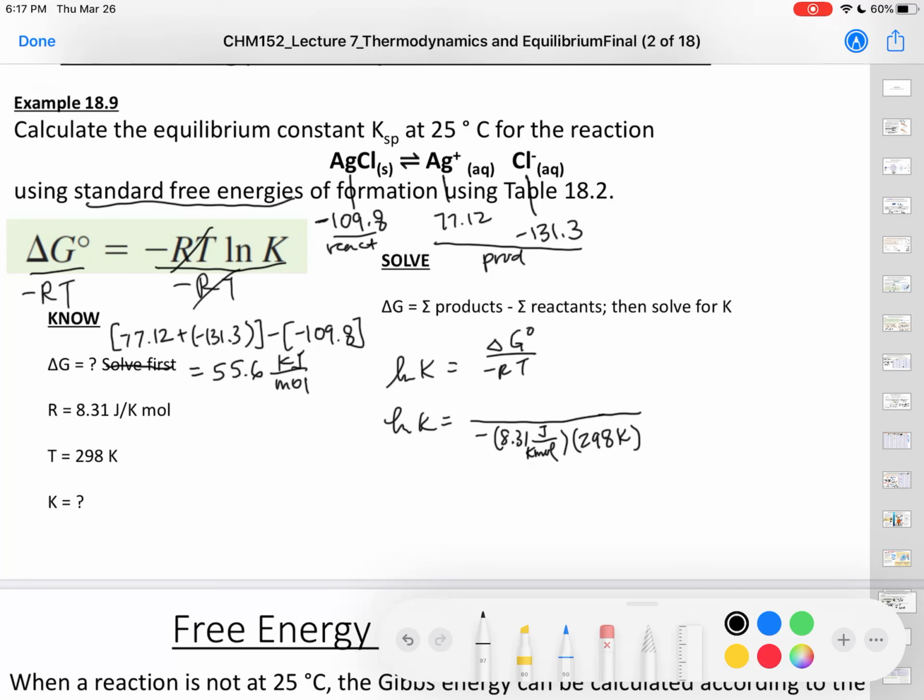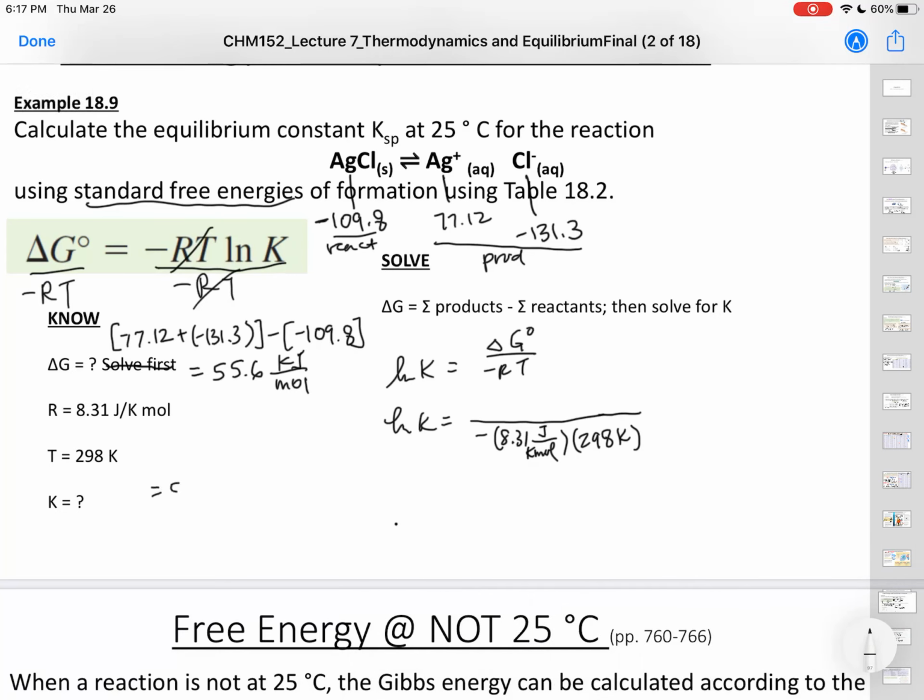Yeah, that makes more sense because I need to first convert this value from kilojoules to joules. So I'm just going to do that real quick here. 55.6 kilojoules per mole times 10 to the third joules per kilojoule comes out to 5.56 times 10 to the fourth joules per mole.